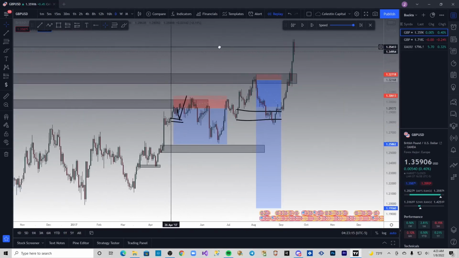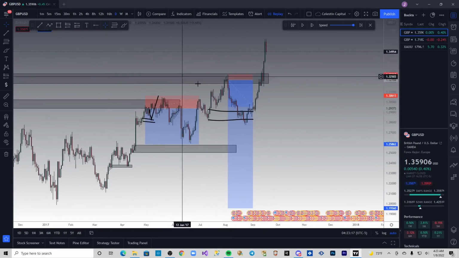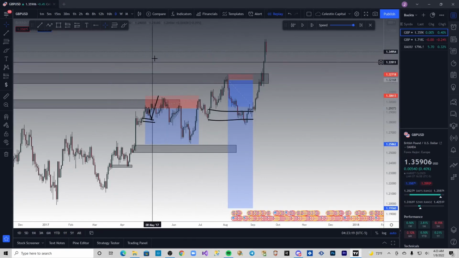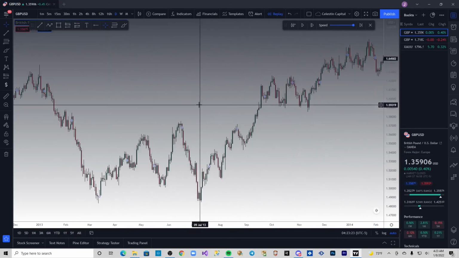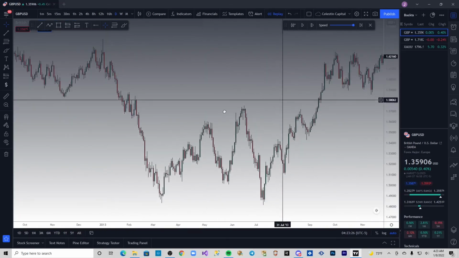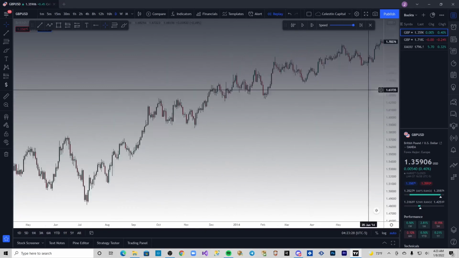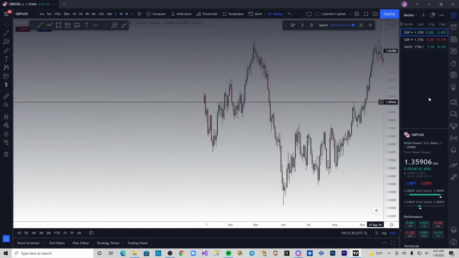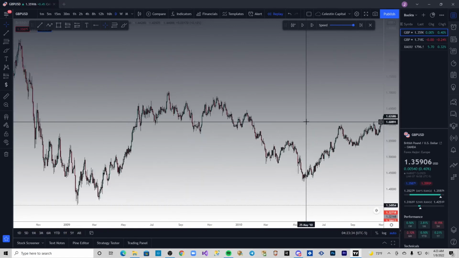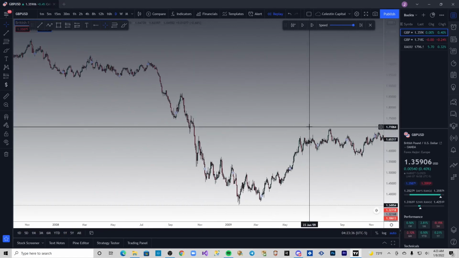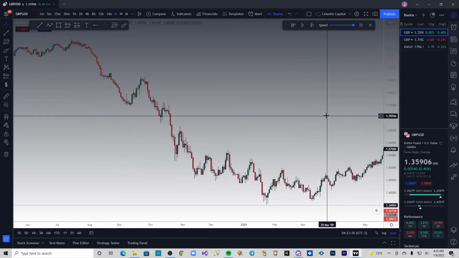Let's actually take a look at a bearish market and see if we can capitalize off of a bearish market. So we've got a bearish market right over here.